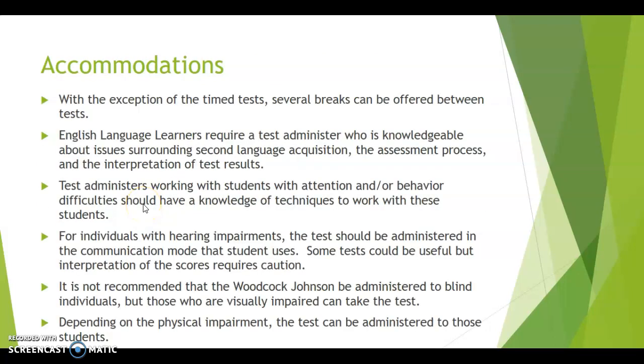All right, and then accommodations, as I had mentioned, we can offer a lot of accommodations when administering the Woodcock-Johnson. So other than the timed tests, there can be several breaks that are offered. Even English language learners can have some accommodations, although it is required that the test administrator be knowledgeable about some issues surrounding ELL students.